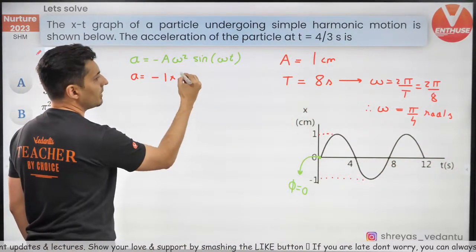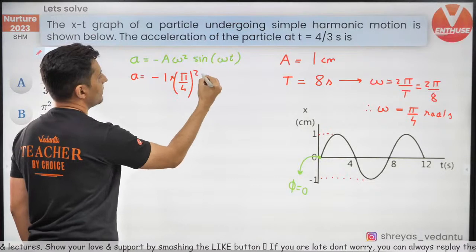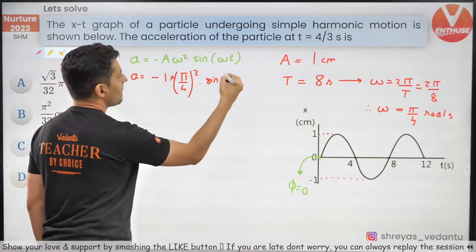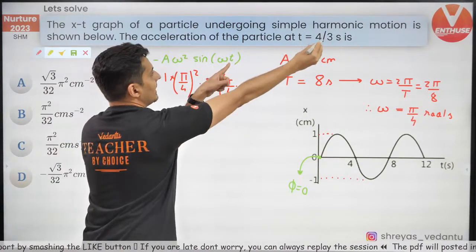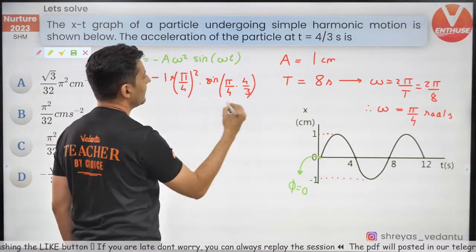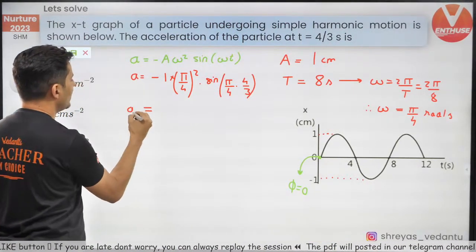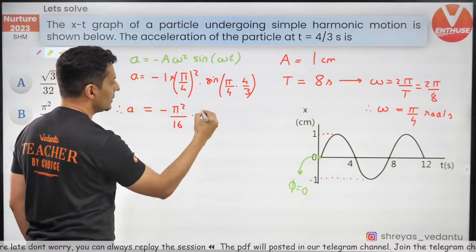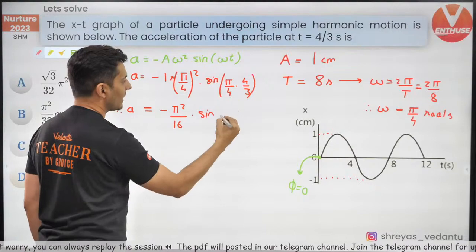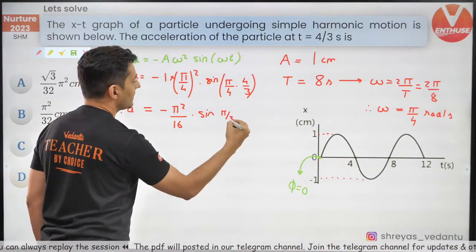So let's put it over here. Pi by 4 whole square into sine omega t. Omega is nothing but pi by 4. Time, it's given, it's 4 by 3. So this is going to be minus pi square by 16 into sine of 4 cancels, sine of pi by 3.